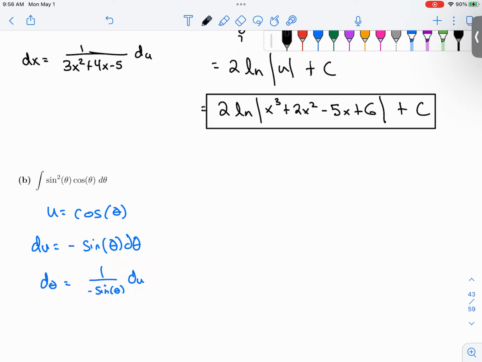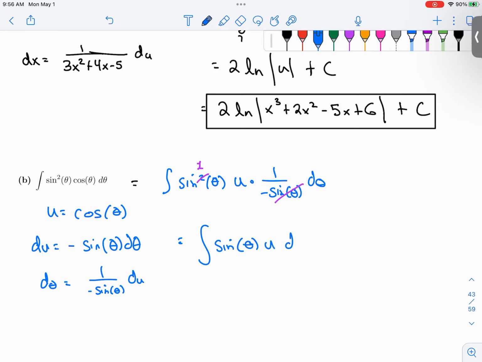So this becomes sine squared theta. Remember, that's not u. And then times u times 1 over negative sine theta du. One of the sine thetas cancels, but now the integral is going to be the integral of sine theta u du, sorry.